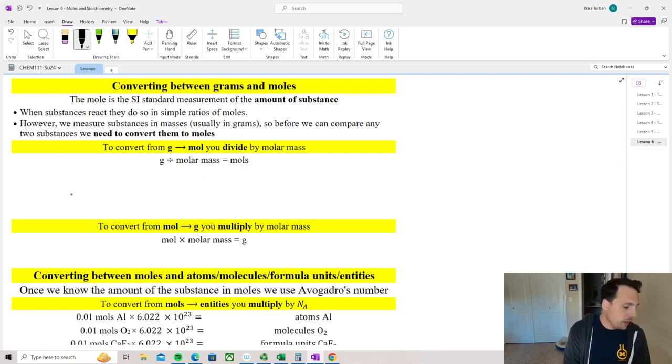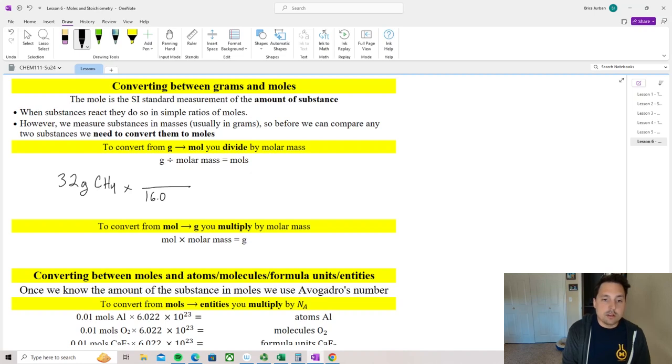So say, for example, we have methane gas. If I have 32 grams of methane, and methane, to remind you, is CH4, I divide through by the molar mass, which is the same as multiplying by the reciprocal, so multiply by 1 over the molar mass of methane, which we have to calculate.